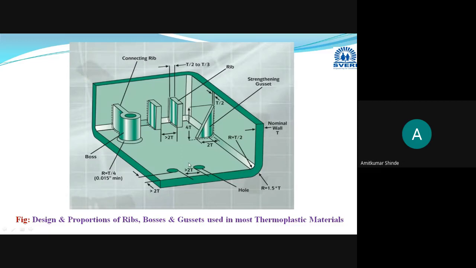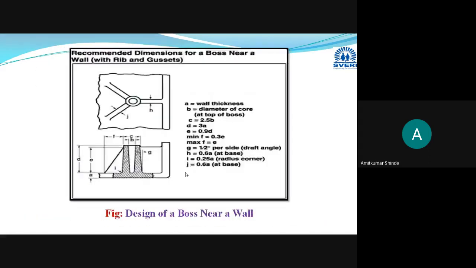One by one we will discuss how these parts are designed: how the rib is designed, how the bosses are designed, how the gusset is designed, how these radius and fillets are designed, how these holes are designed. In this design we are going to discuss the points related to their dimensions and their positioning or location.